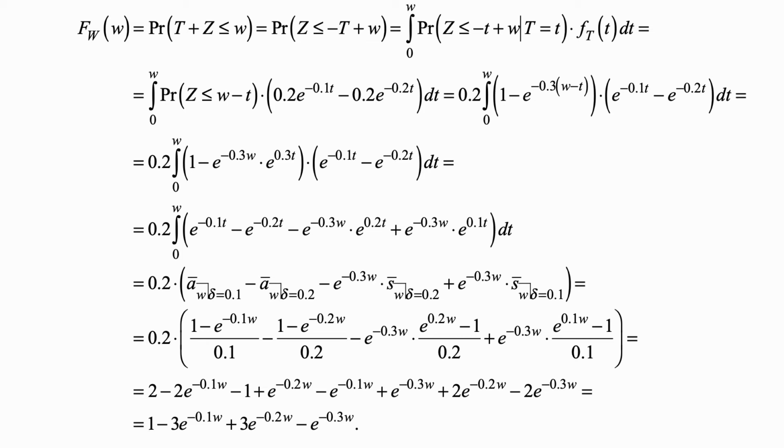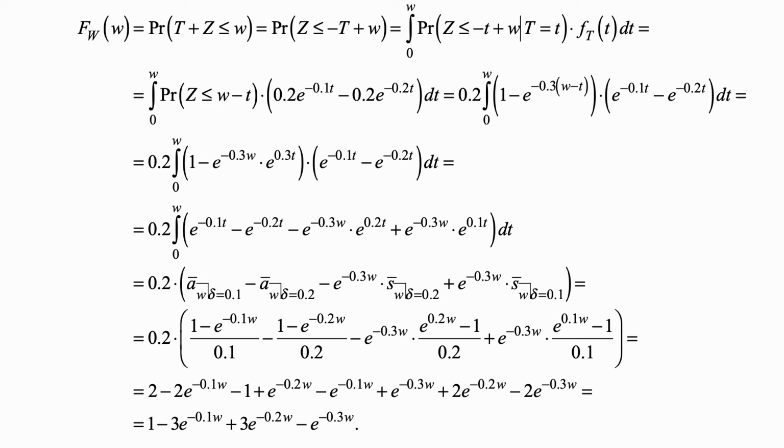And then z is known to be exponential with hazard rate 0.3, so this becomes 0.2 times the integral from 0 to w of 1 minus e to the minus 0.3 (w minus t) times e to the minus 0.1 t minus e to the minus 0.2 t dt. Okay.